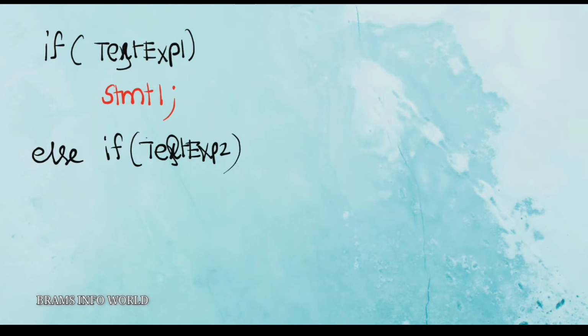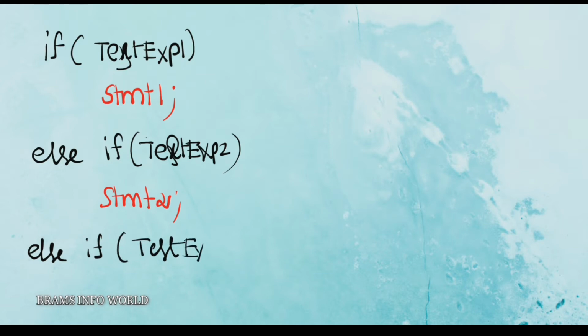If the first test expression or first condition is true, then statement 1 or a group of statements is executed. Otherwise, we write else if test expression 2, then statement 2 is executed. Similarly, we write else if test expression 3, then statement 3 is executed, and so on.